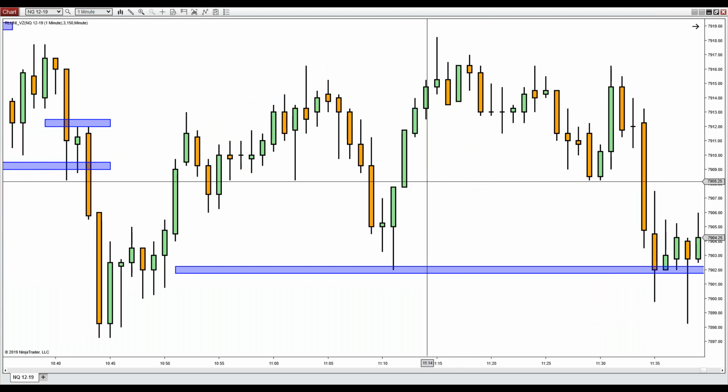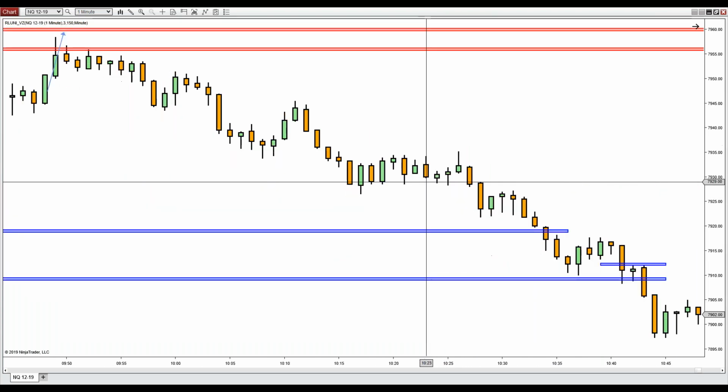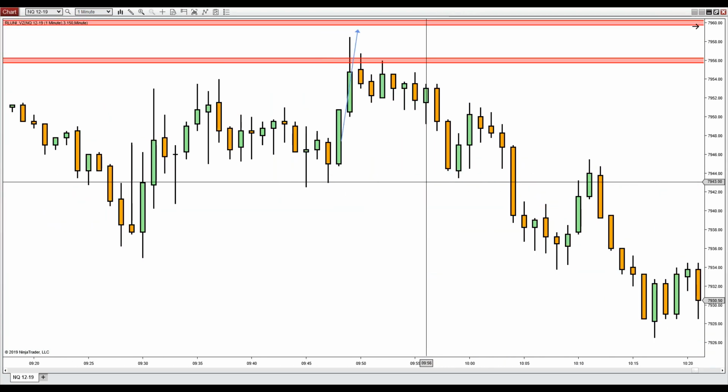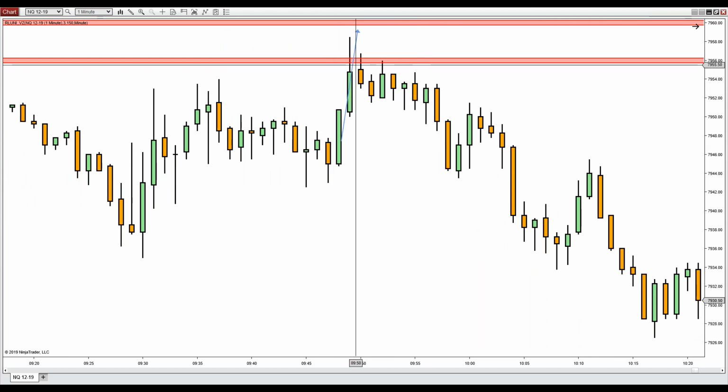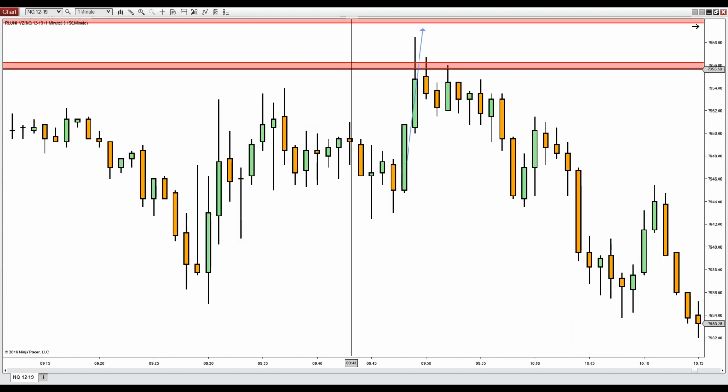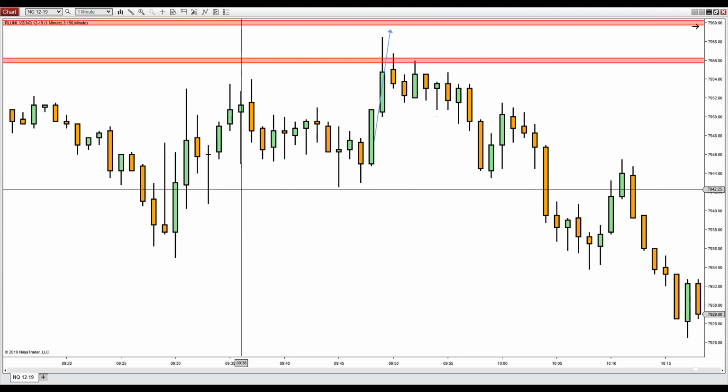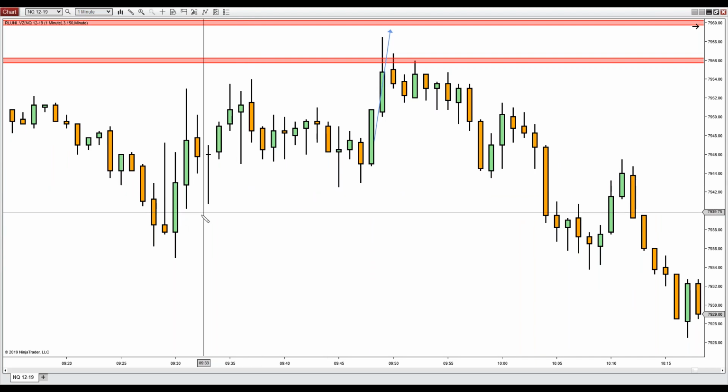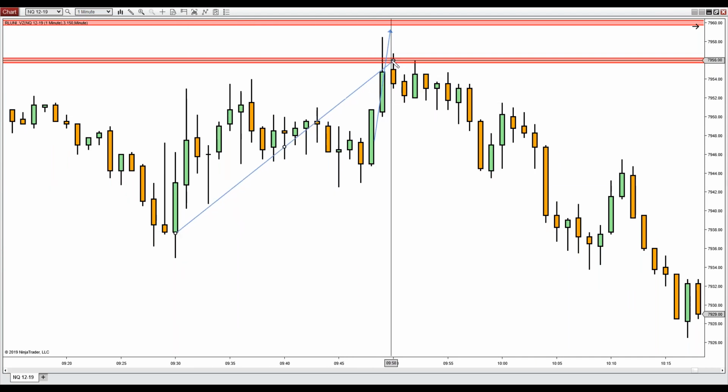So let's take a look right here. Why don't we start when the market opens? So the market opens, price comes right up to resistance. There's a big sell zone here.